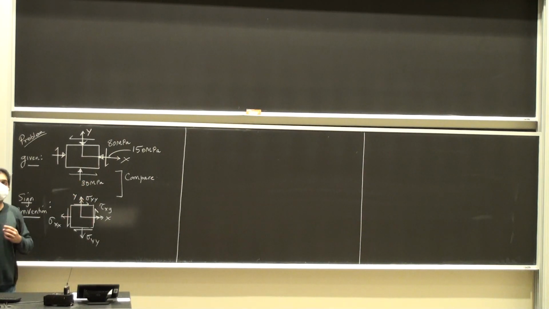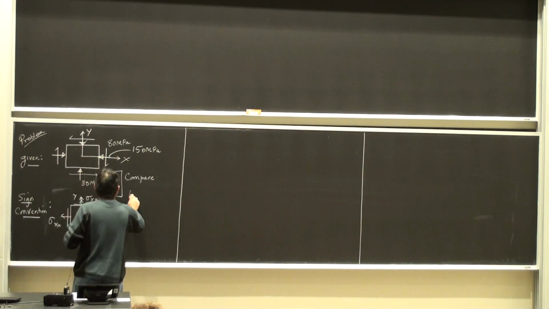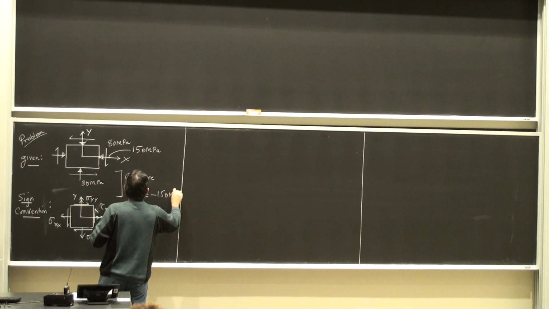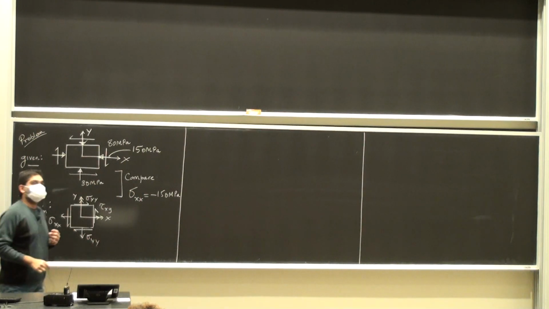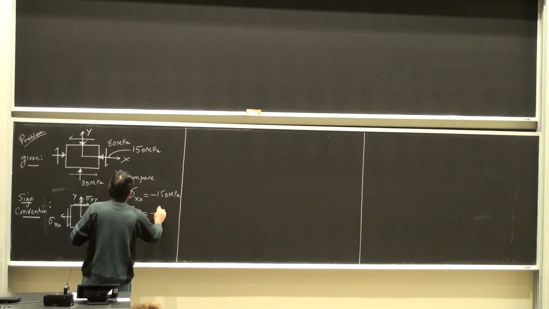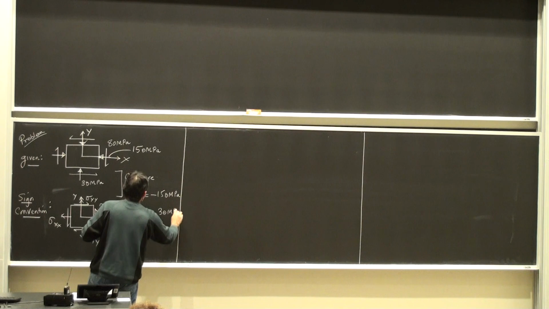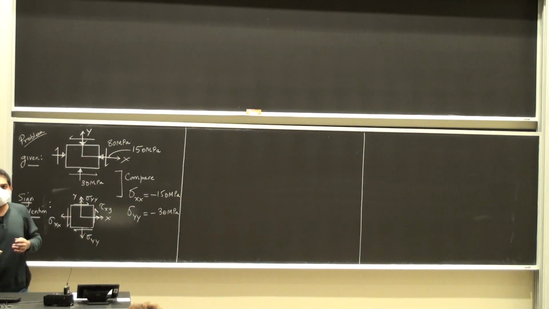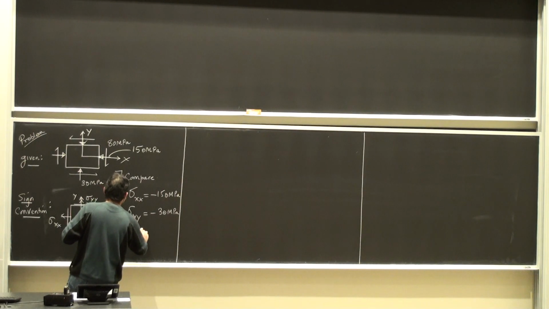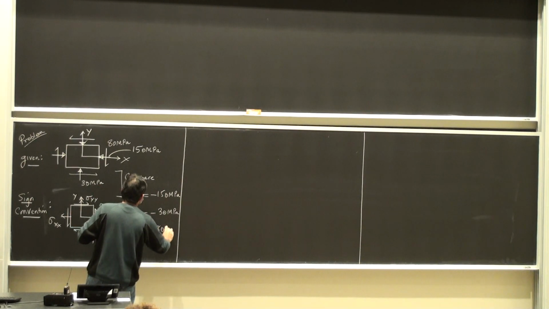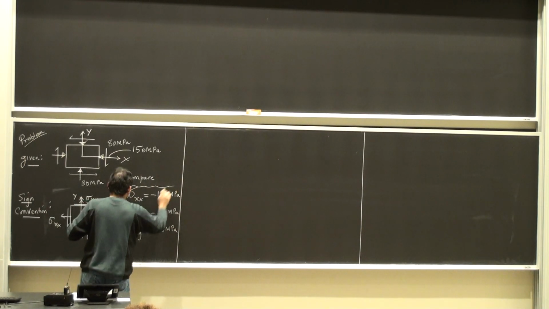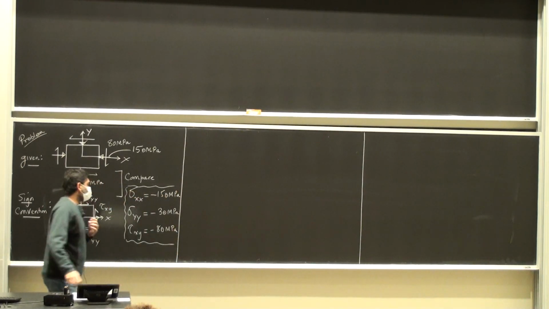I've wantonly chosen this particular example here. Sigma xx is minus 150, sigma yy is minus 30, and then tau xy is minus 80.